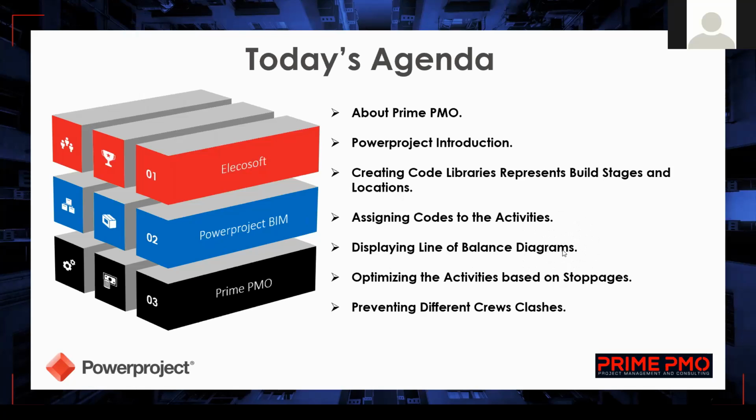Then we can use the line of balance diagram to optimize our activities based on stoppages if we have any wastes within the scope of lean construction, if we have any resource clashes on the same location at the same time. We will be directly determining these mistakes and making all the corrective actions.